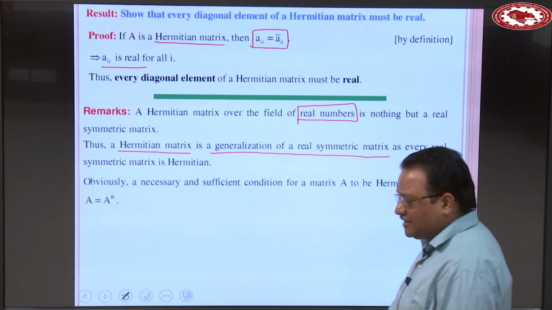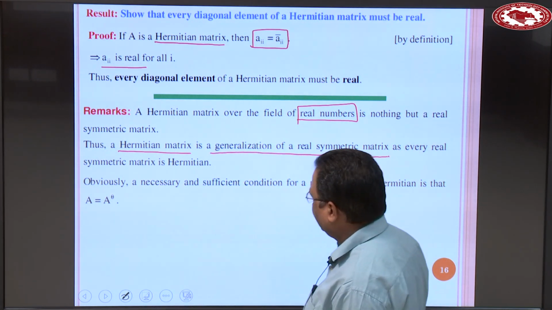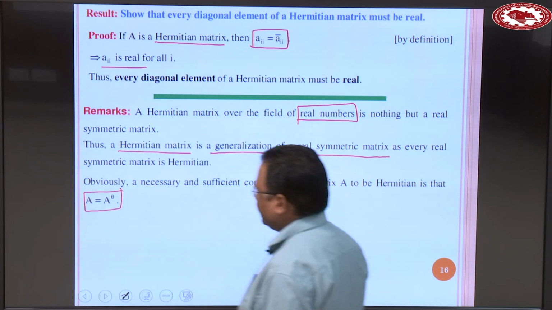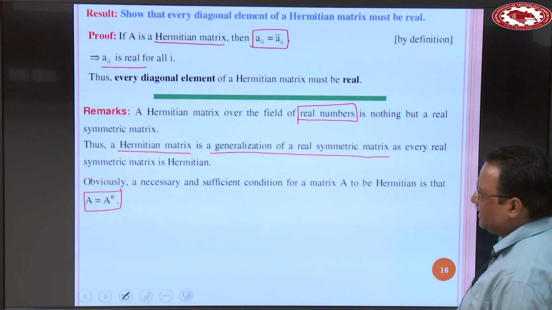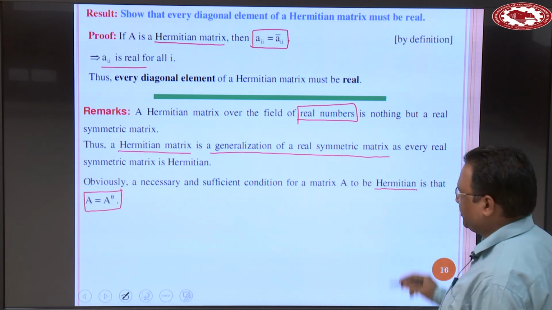And what is the necessary and sufficient condition for a matrix to be Hermitian? That one is A is equal to A theta. So, A is equal to A theta is the necessary and sufficient condition for a matrix A to be Hermitian.